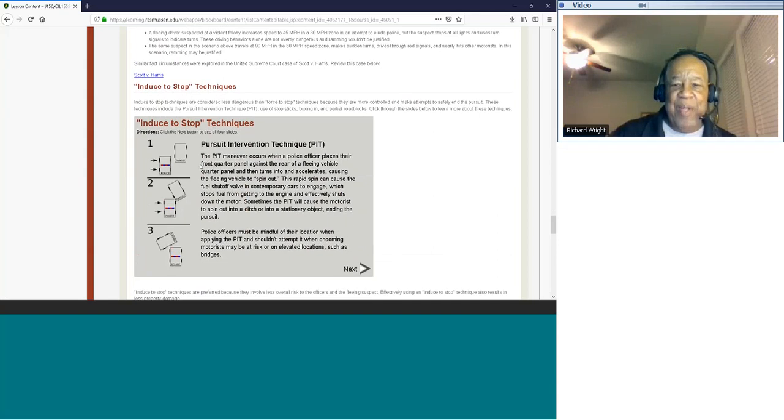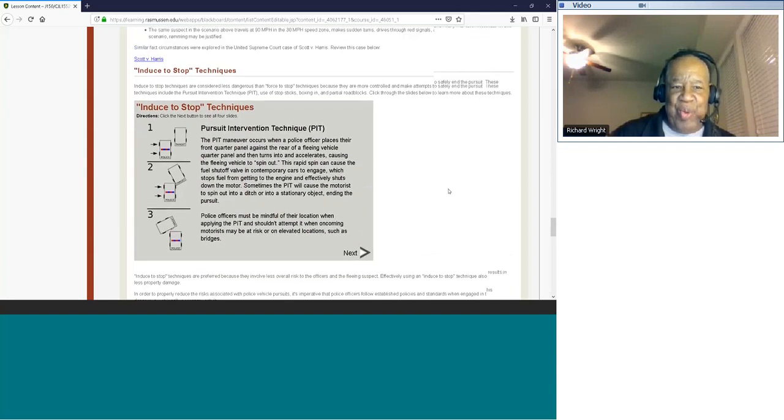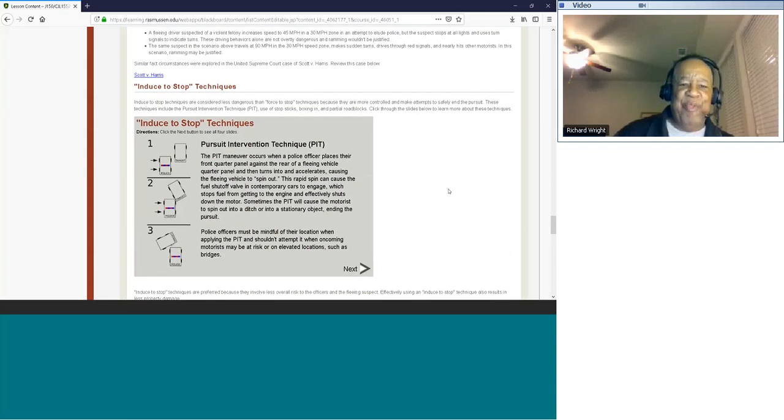So now, in order to stop an individual, there are what we call pursuit intervention techniques, and I'm not going to go over them. The key thing is what you're going to do as police, you can see, is kind of tap the vehicle so as to get the individual to stop or change their direction.